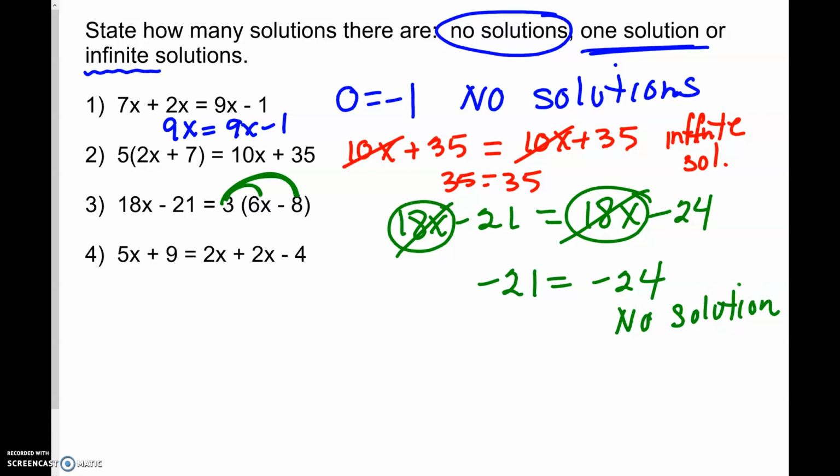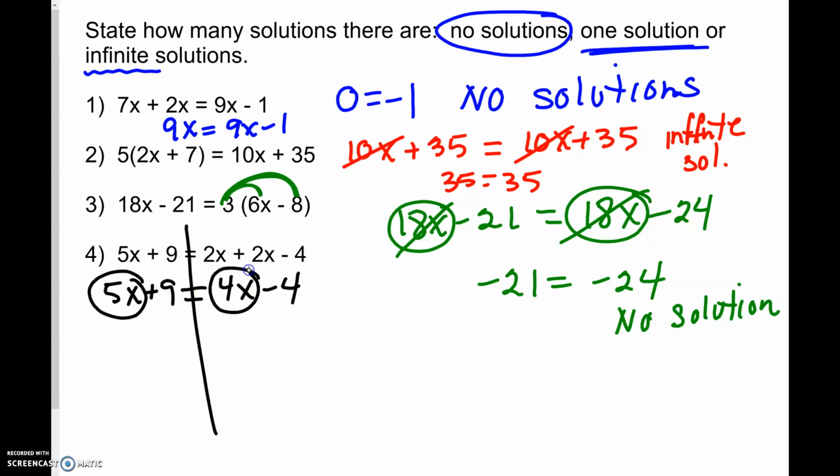All right, number 4, 5x plus 9, nothing to combine there. Here I have 2x plus 2x, that is 4x minus 4. So I'm going to have 5x plus 9. All right, if you look here, I've got a 5x on one side and a 4x on the other. So what's going to happen? In the green, they canceled out.